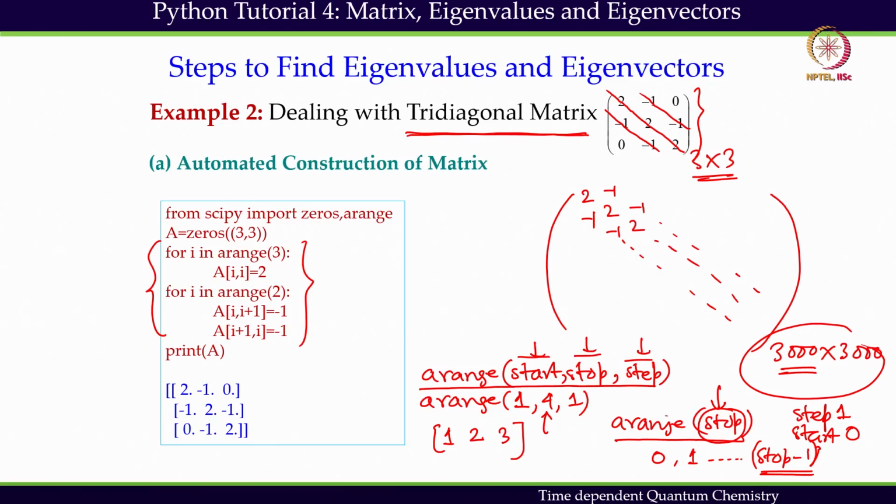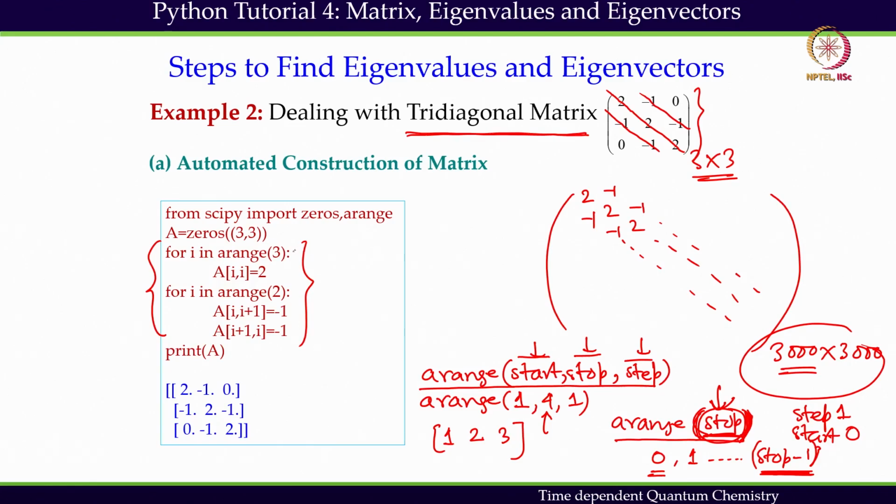But if I use arange with only 1 input, that 1 input would be considered to be the stop input, and by default it will start from 0 and it will end at stop - 1 value, because always it will exclude the stop value, and that is exactly what we have done here.